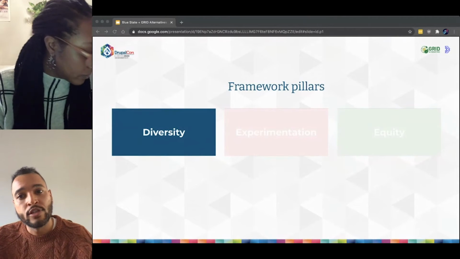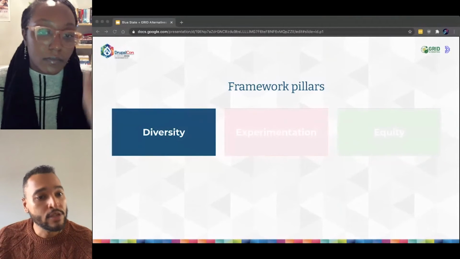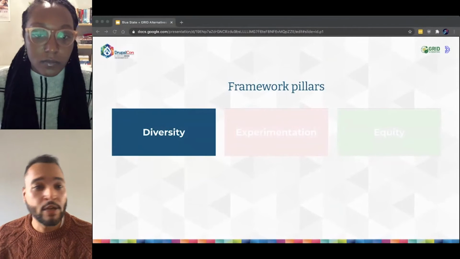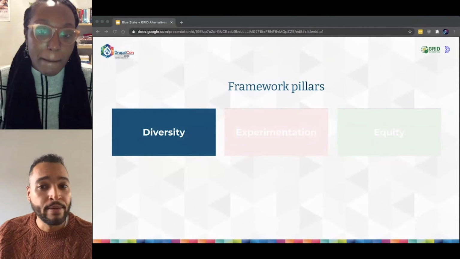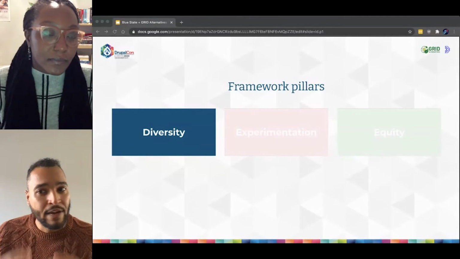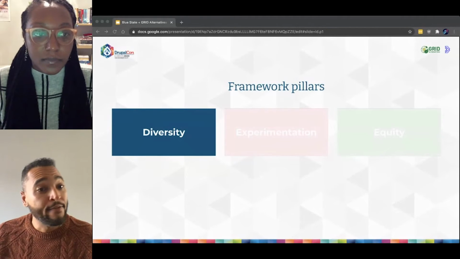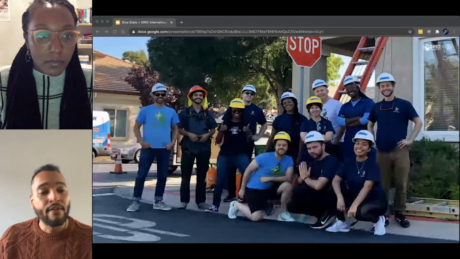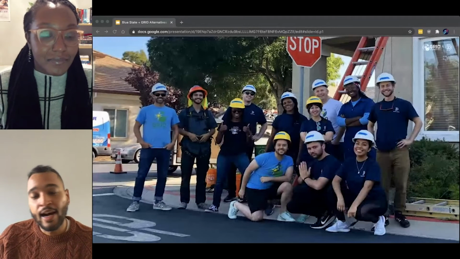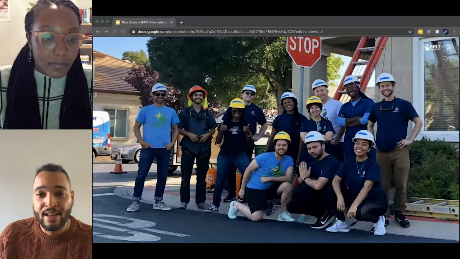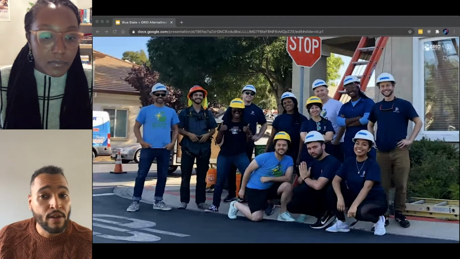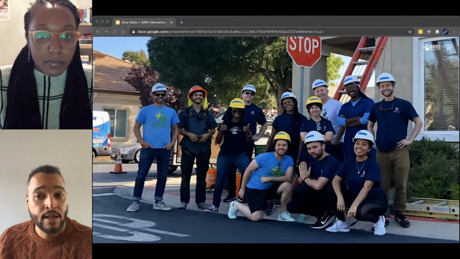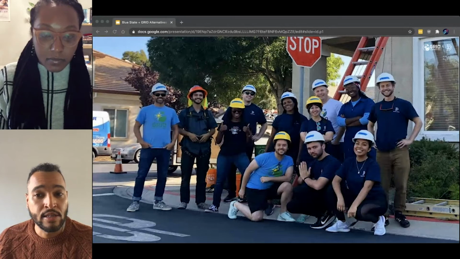On the diversity front, we knew that those closest to the problem are best equipped to develop solutions for it. So we put together a very diverse team, as diverse as the communities that we were serving. And diversity was baked into everything that we did, down to the contract between Grid and Blue State. And it was critical for the success of this project. It helped us connect with the audiences we were serving.